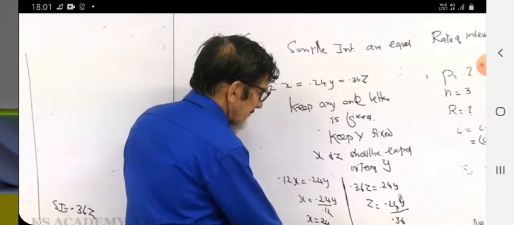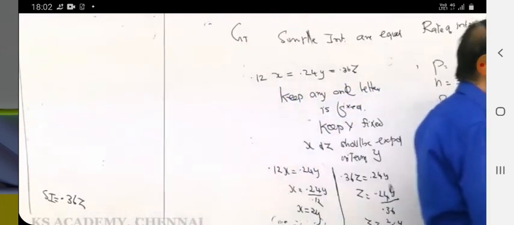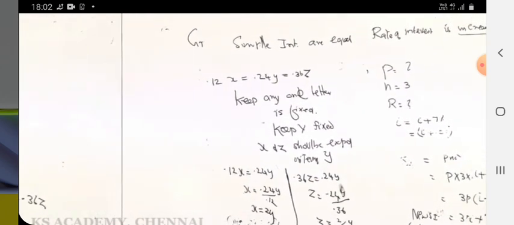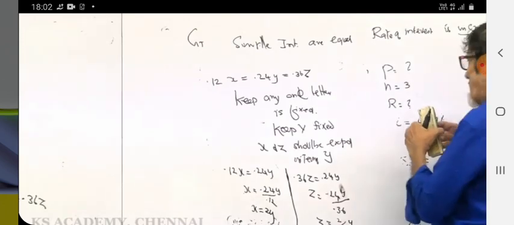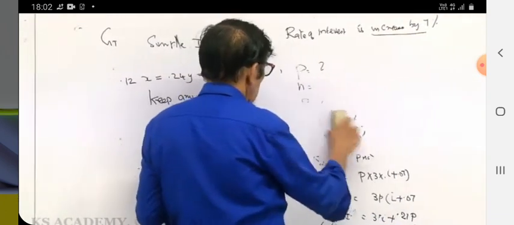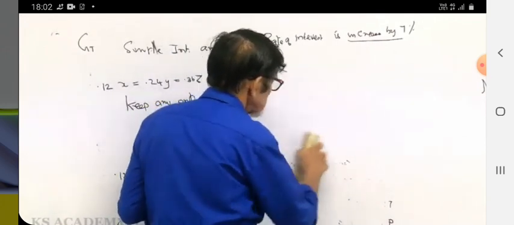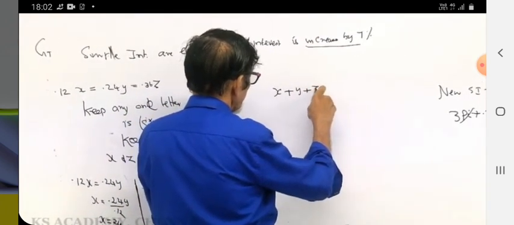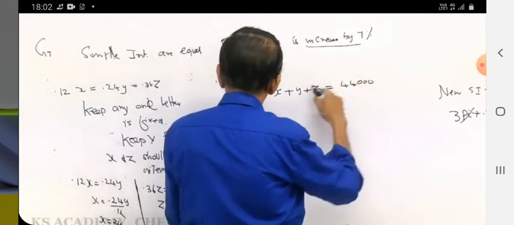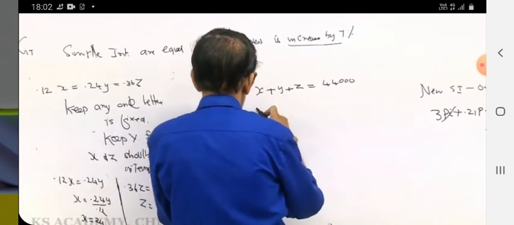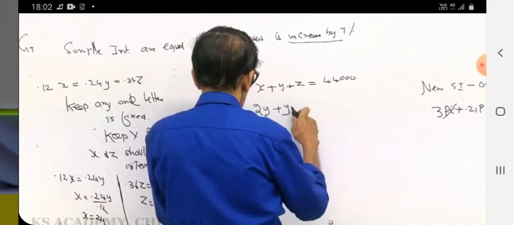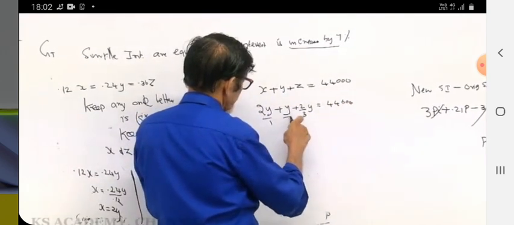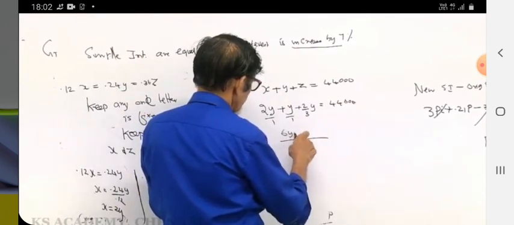Substitute in equation 1: X plus Y plus Z is equal to 44,000, with X, Y, Z all in terms of Y. LCM, 6Y, 3Y.